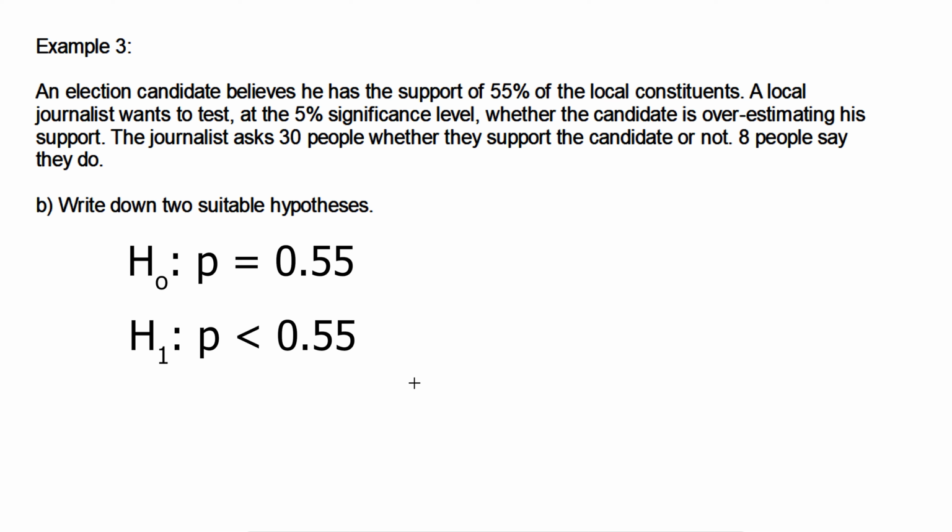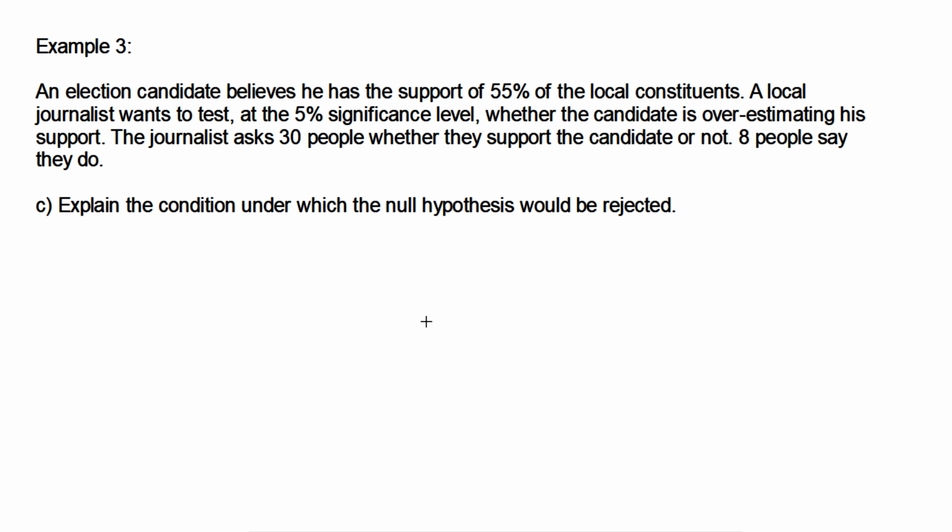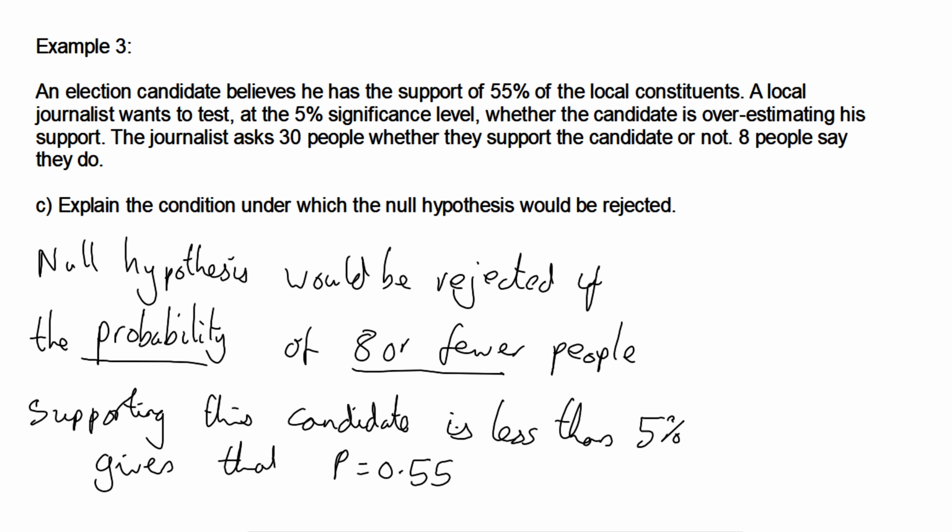And then if we look at the final part of the question, which says explain the condition under which the null hypothesis would be rejected. Our null hypothesis would be rejected if, and this is very important, the probability, and remember it all comes down to probability, so the probability of 8 or fewer, and remember we're dealing with 8 or fewer because the candidate has potentially overestimated his support, so we want 8 or fewer people.